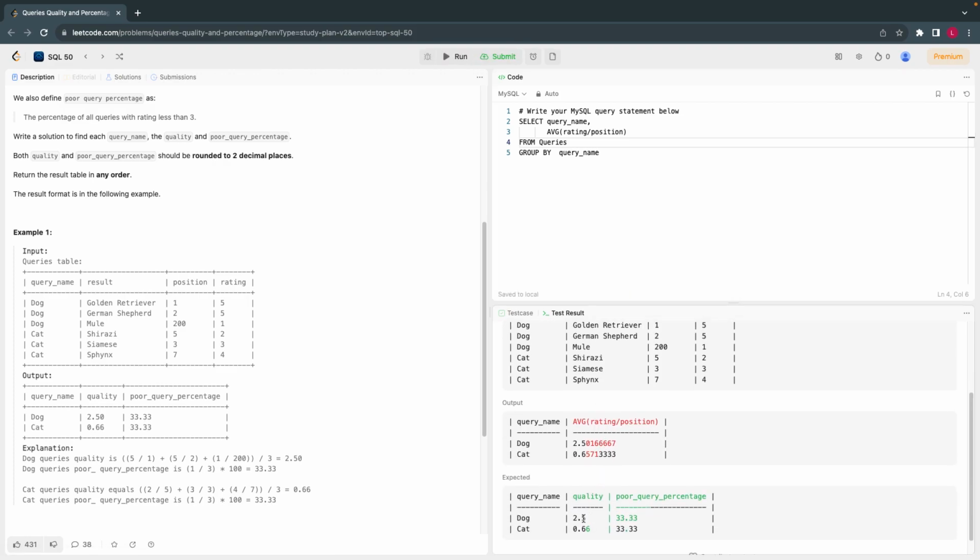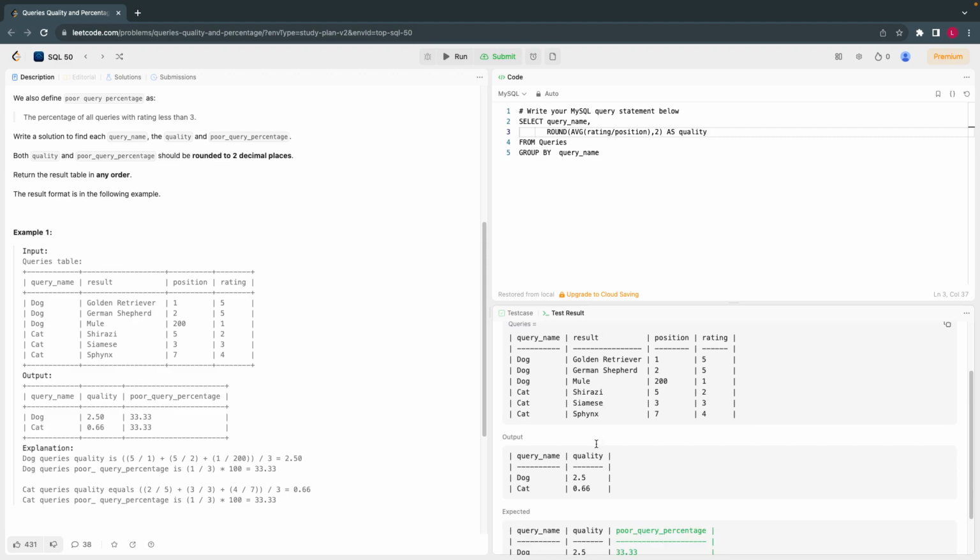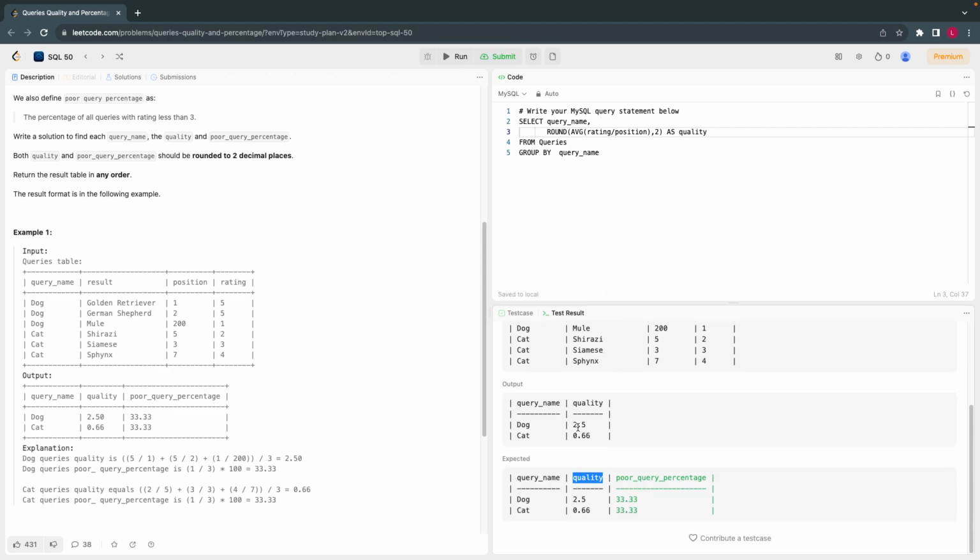All right, we are almost there. 2.5, they are asking us. We are almost there to solve the first part, quality, and because they are asking us to round it, we'll round these values. Half of the problem is solved.